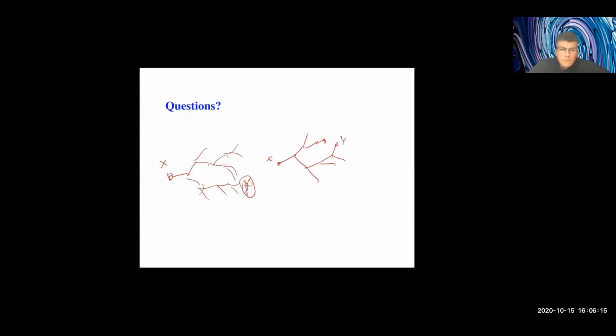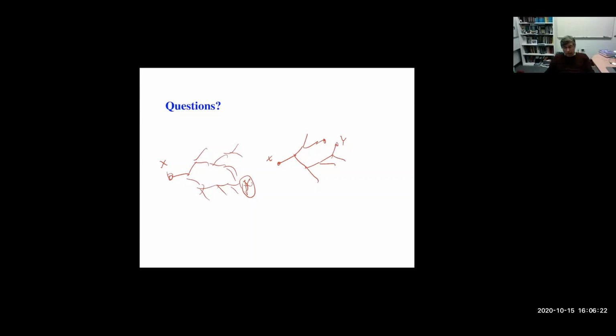Let me draw it a little bit better. So I'm building my tree. This was X. I'm building my shortest path tree. Is this going to now tell me the shortest path from Y to all the vertices in my tree so far? No. No, why not? You'll get a different shortest path tree if you start at a different vertex.